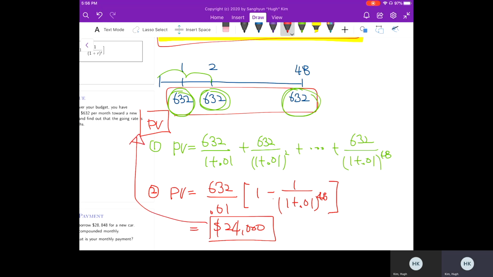So that's how much you can borrow if you can afford to pay $632 per month for 48 months at an interest rate of 1% per month to buy your car.